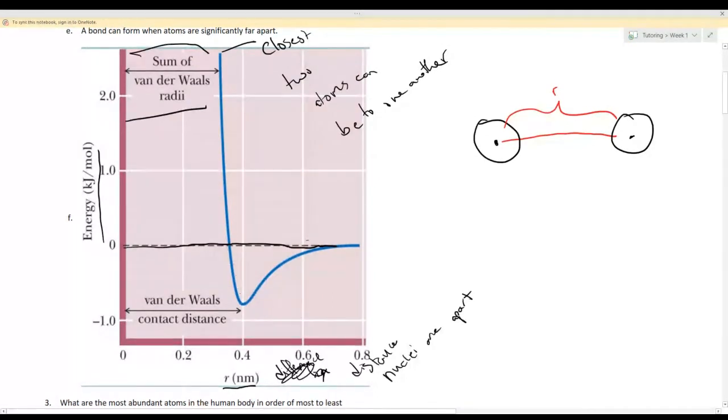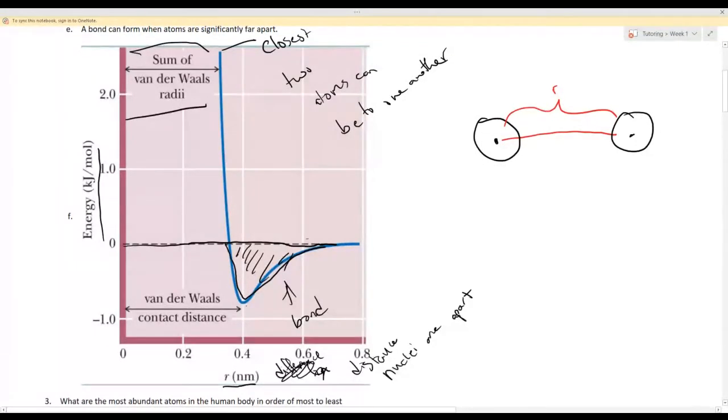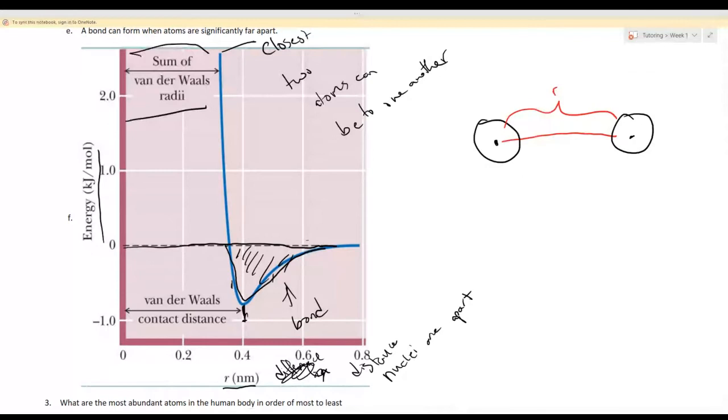In other words, this part right here, if I can just shade it even, this is where there's a bond. So this would be the ideal distance between these two nuclei. If this is 2 hydrogen nuclei, they should be about 0.4 nanometers away. They can be 0.35 nanometers away, maybe that's here. They can be 0.5 nanometers away, maybe that's here. But being 0.4 nanometers away is their most stable energy conformation. Okay?